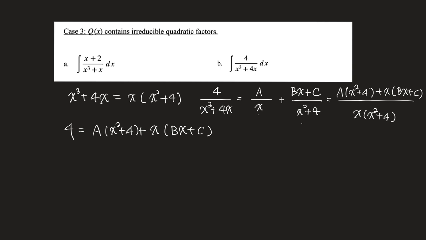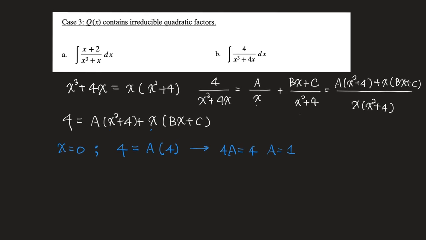So I'm going to do it that way this time. Plug in x equals 0: 4 equals A(0 plus 4) plus 0 times C, so you find a value right away. 4A equals 4, A equals 1. Which number you plug in, you don't worry about too much; you can plug in any number you want.